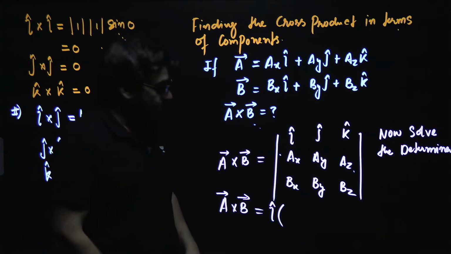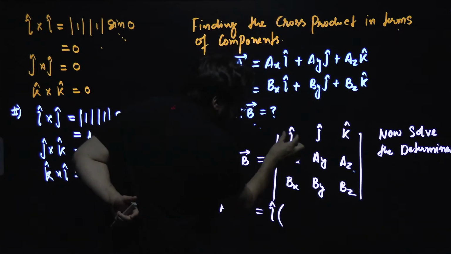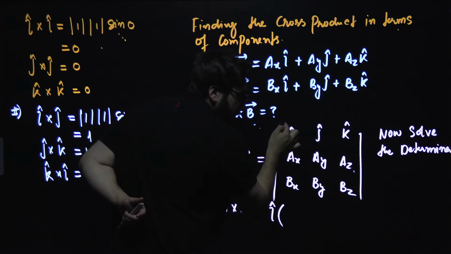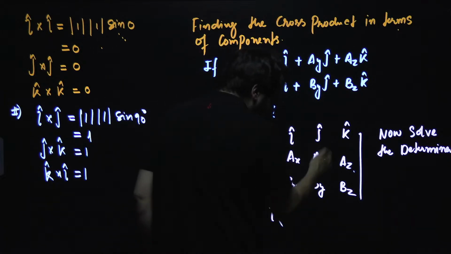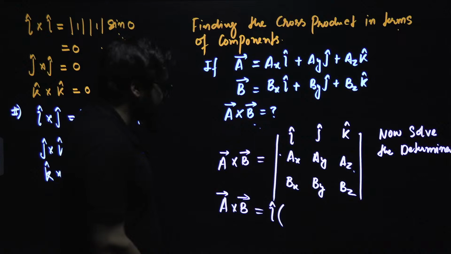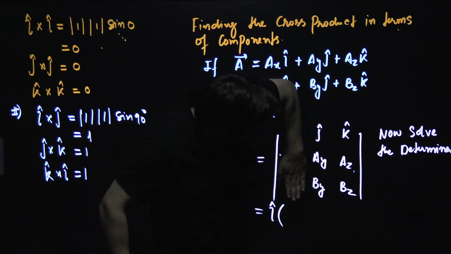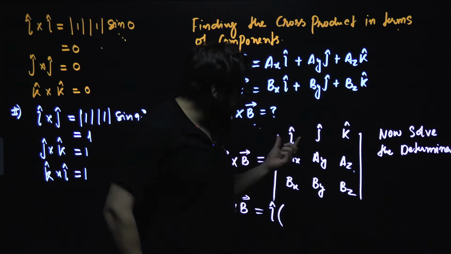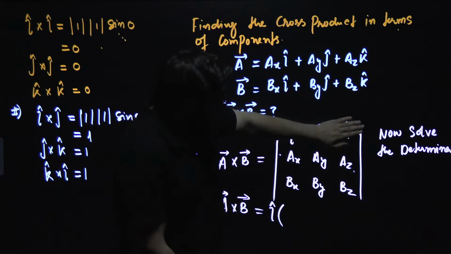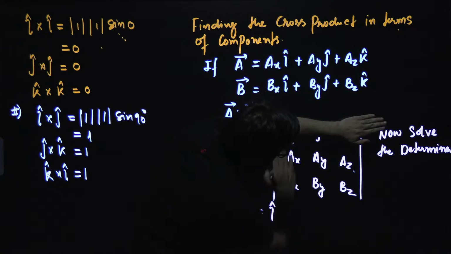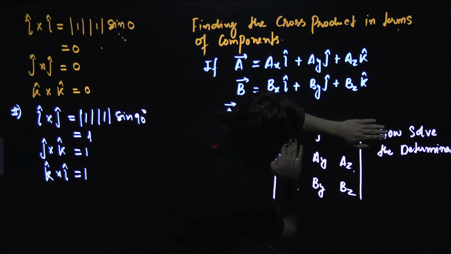This I is present in which column? First, second, or third column? Sir, it is present in the first column. So hide this column. And this I is present in which row? Sir, first row. So hide the first row and first column.